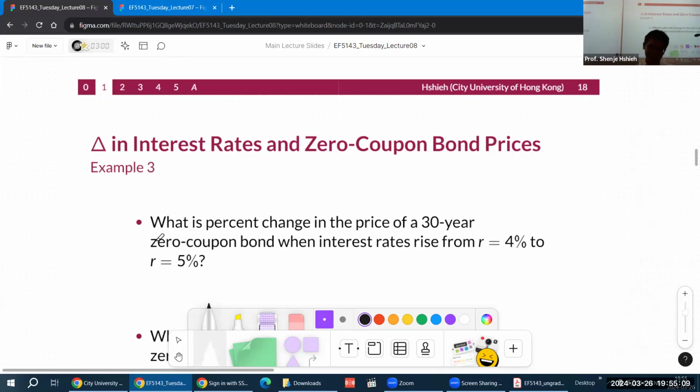I'll just review, right? So now I want to talk about something that has been in the news within the last year. We're going to talk about the sensitivity of bonds when interest rates change. Okay, so why is this important? This is important because many of the banking crises in the past were basically due to this reason: interest rates suddenly changed due to changes in inflation, and people's bond portfolios got destroyed.